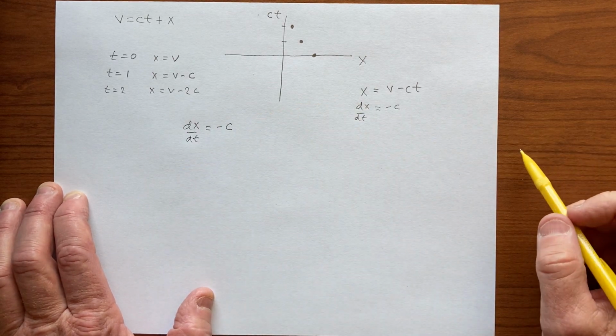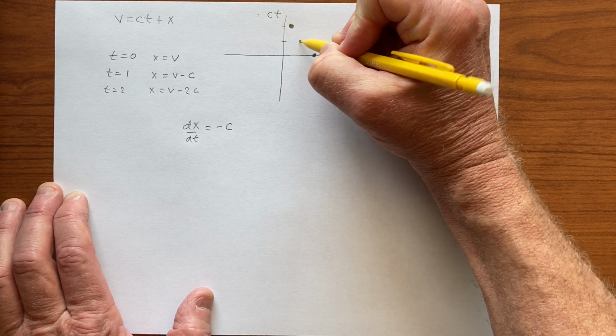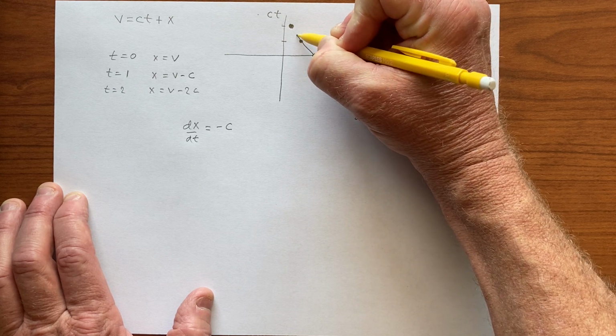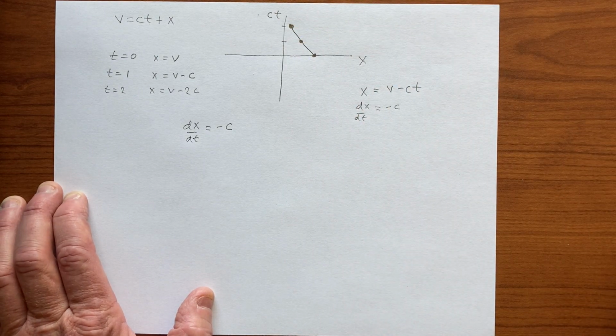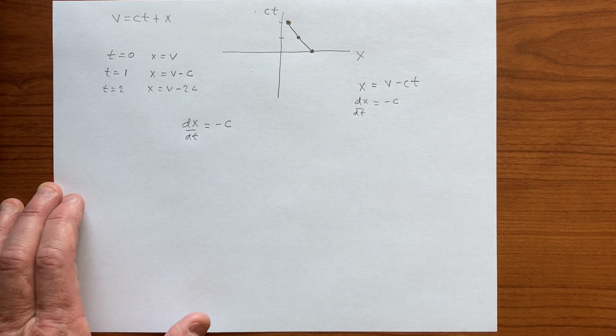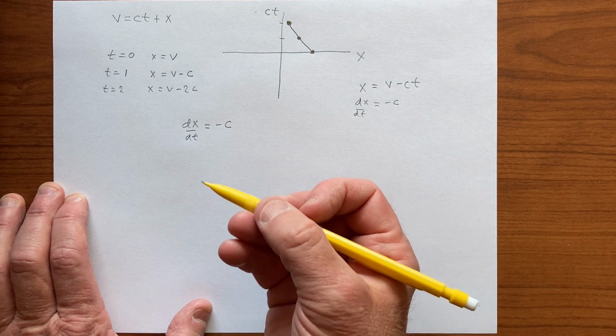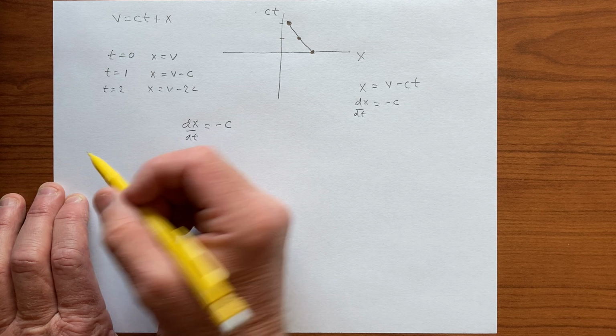So we could also tell by the slope on this diagram that this represents light moving to the left on the space-time diagram.